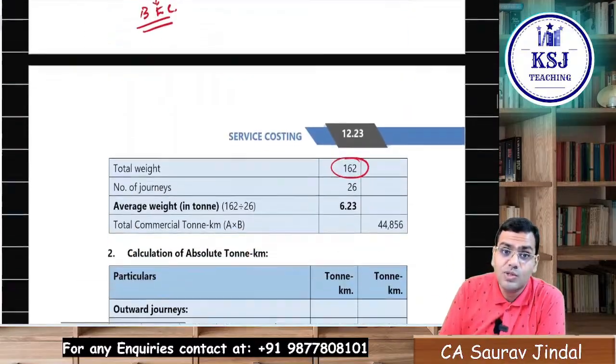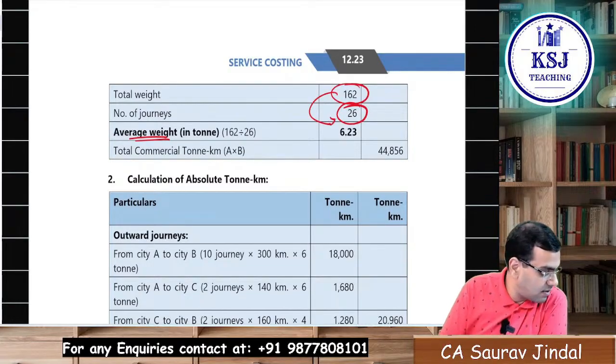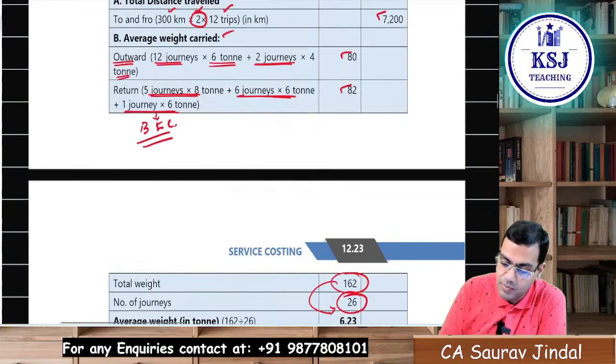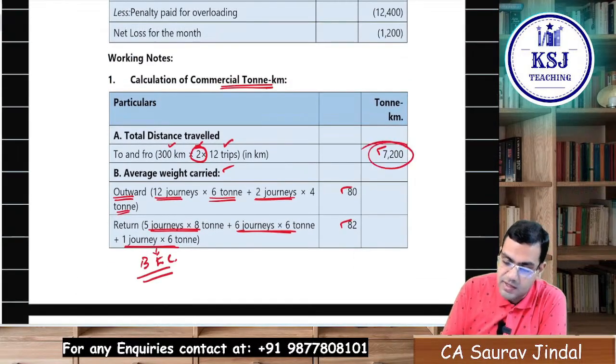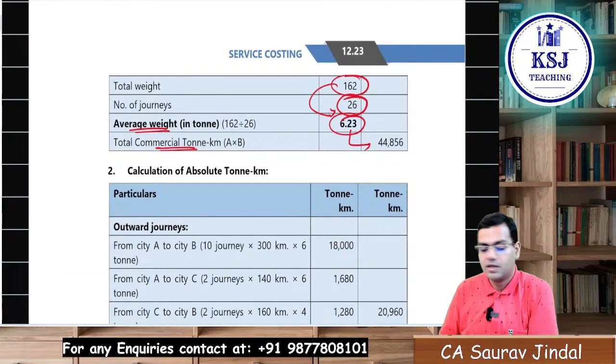Because we have to do simple average, sir. Number of journeys 26, average weight is 162 divided by 26, right? So total commercial ton kilometer is total distance traveled multiplied by simple average weight, that will give you commercial ton kilometer. Please tell me if this much is clear.